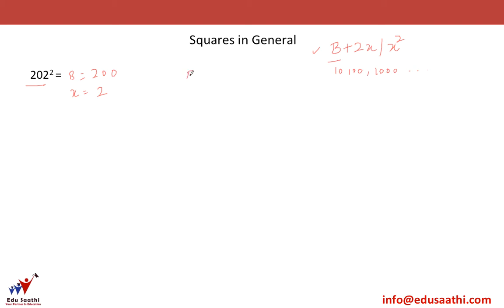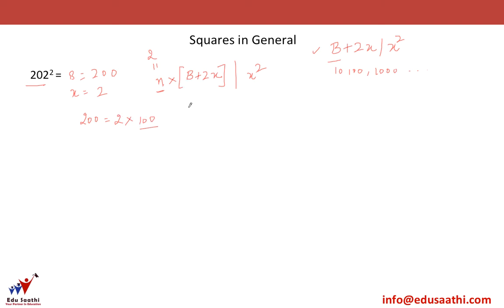The change in the formula is that I'll write base plus 2x, multiply this first part by n, and then slash x square. Now what is this n? N in this question is 2, because 200 is nothing but 2 multiplied by 100, which is the nearest base of 10.